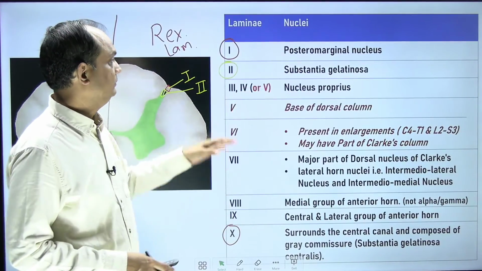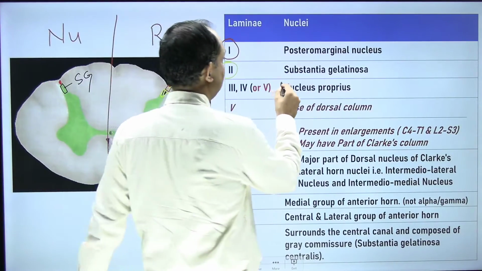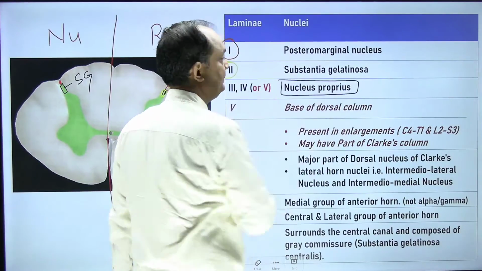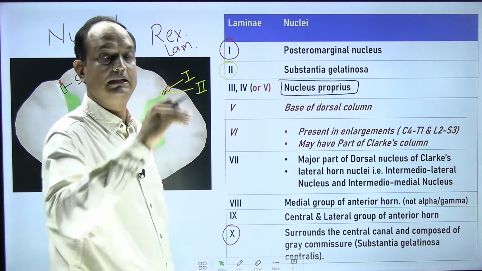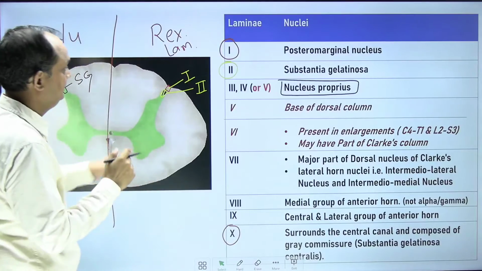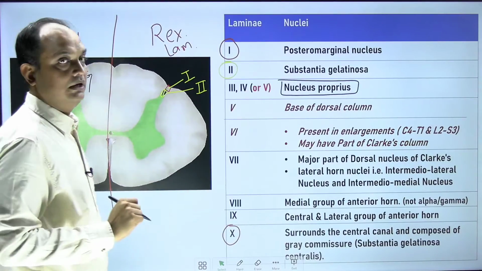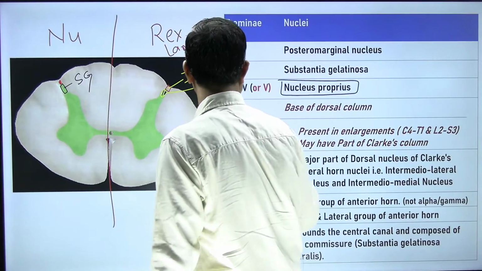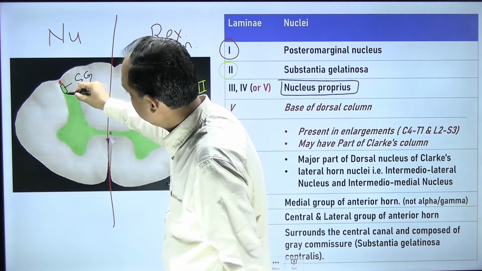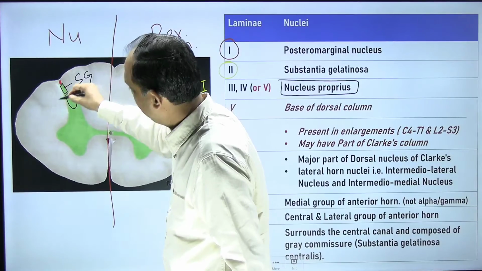Clear? Now the next nucleus is nucleus proprius. In the sequence of these nuclei, the third is nucleus proprius. If you draw the nucleus proprius, it is a little bit longer.